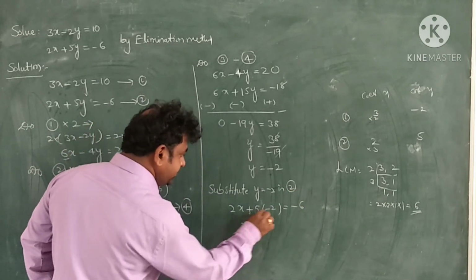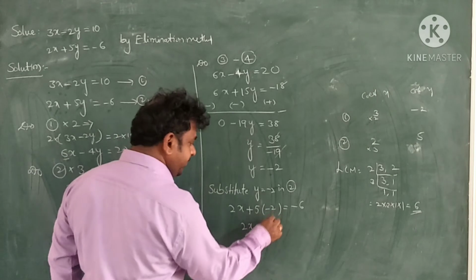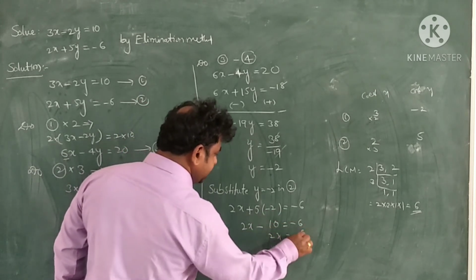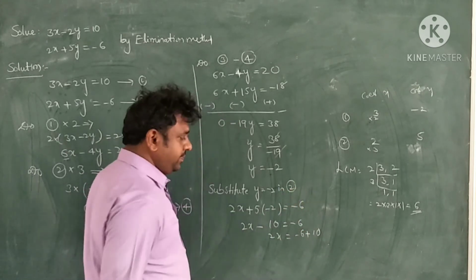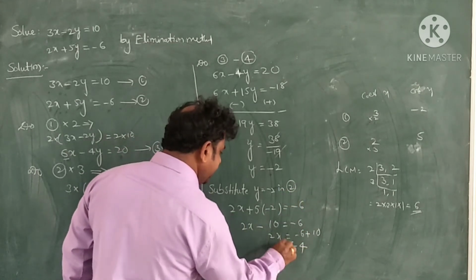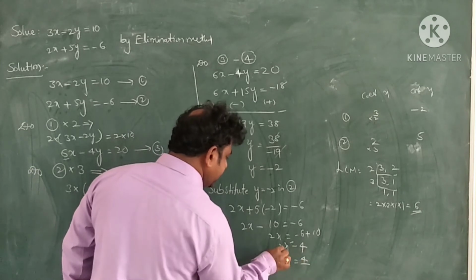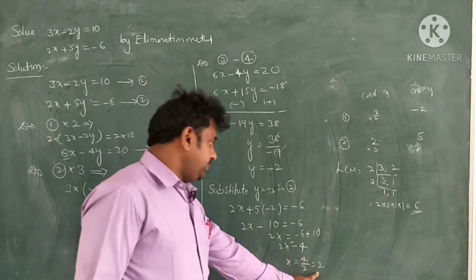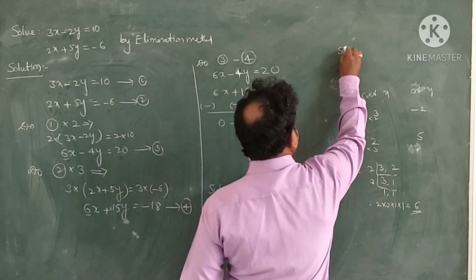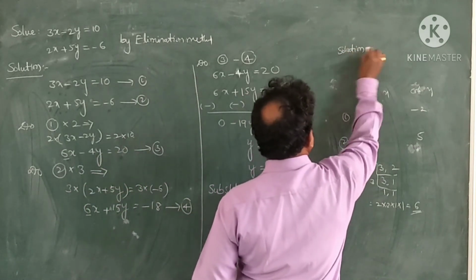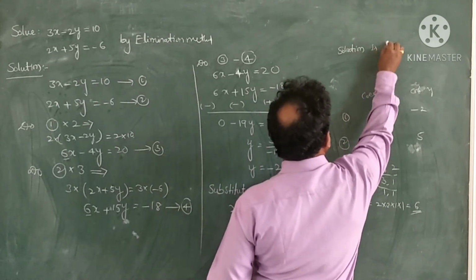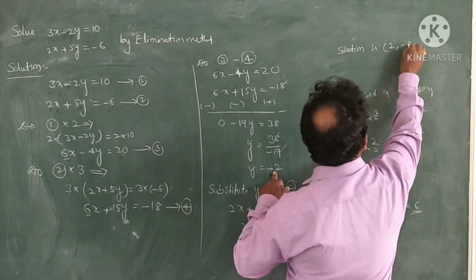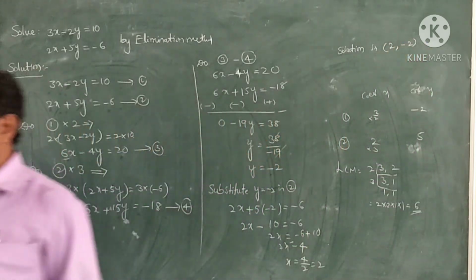Students, 2x plus minus 5 2s are 10, so 2x minus 10 equals minus 6. Transposing, 2x equals 4, so x equals 4 by 2, which is 2. So our solution is 2 comma minus 2.